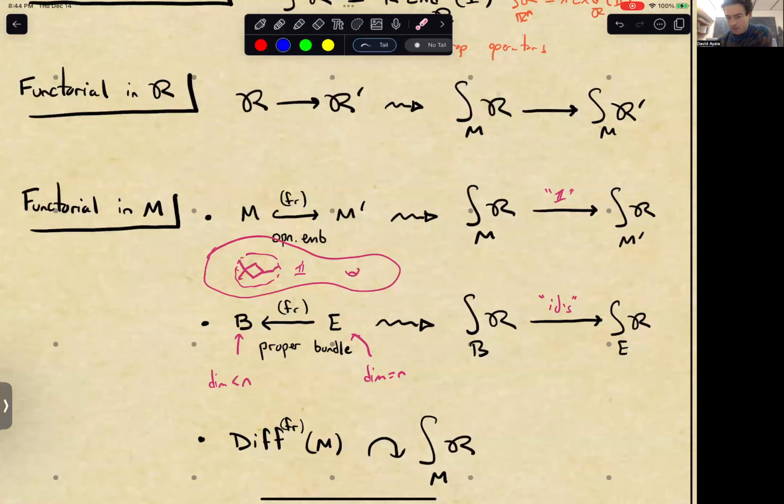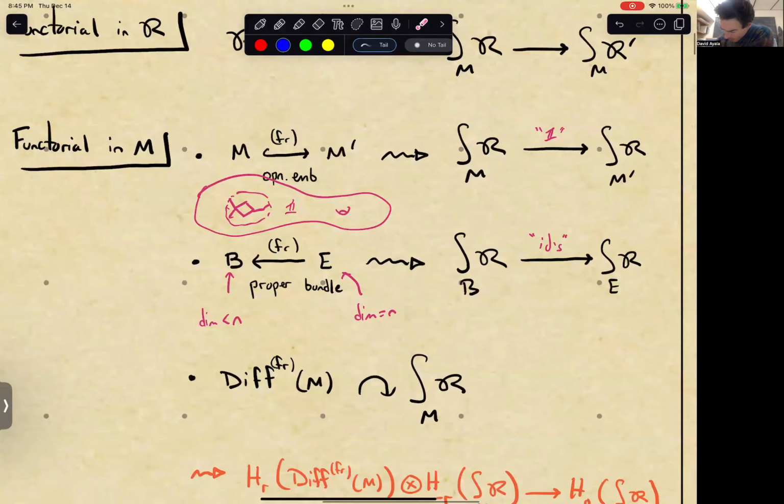In doing so, it becomes essentially impossible to have a continuous action of the diffeomorphisms of M. So this is really an advantage of this approach: one does not choose any triangulation of M in order to define factorization homology. An advantage is that there's this manifest continuous action of diffeomorphisms.